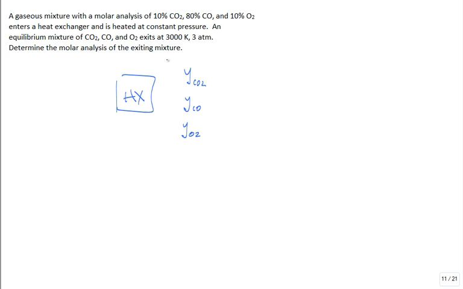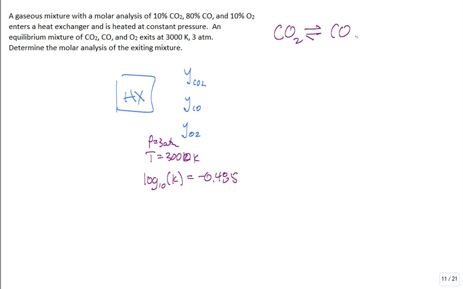We know the pressure, 3 atm. We know the temperature, 3,000 Kelvin. We look up log base 10 of the equilibrium constant, negative 0.485, if I wrote that down correctly. Yep. For the reaction equation, CO2 dissociates to CO plus 1/2 O2.